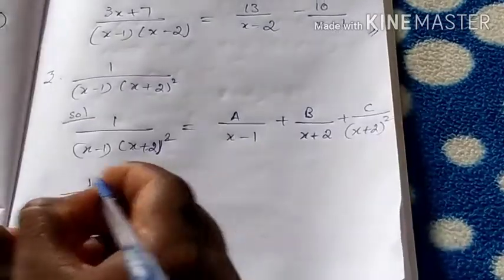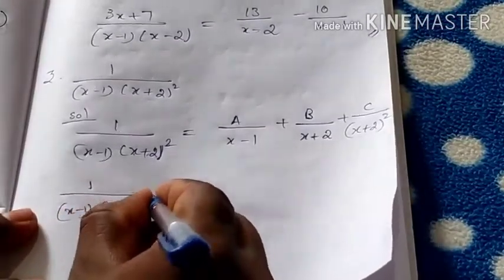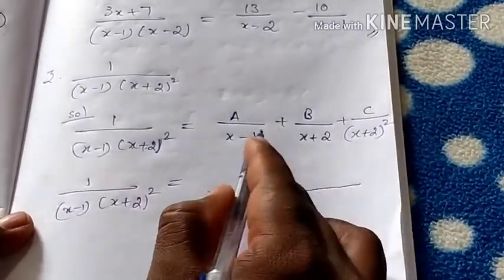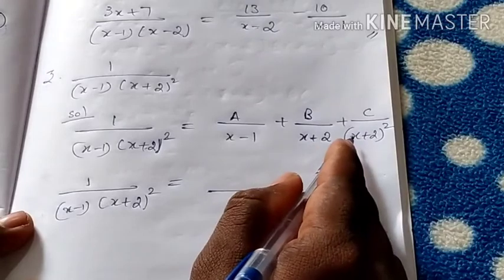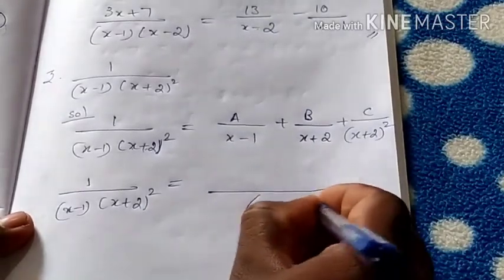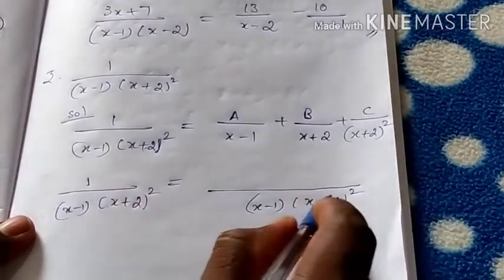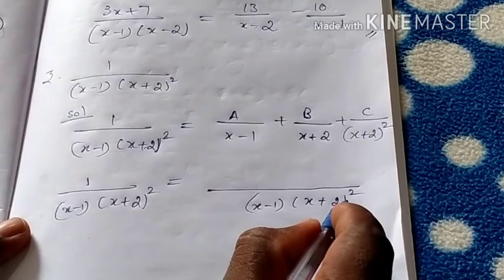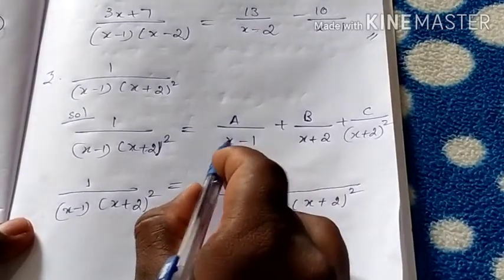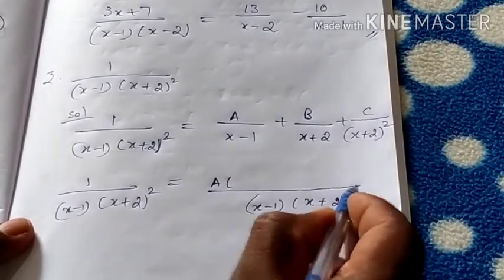Then 1 divided by (x minus 1)(x plus 2) the whole square is equal to, now find the LCM of the denominators of the RHS. The LCM is (x minus 1) into (x plus 2) the whole square, and the left hand side denominator is the LCM of the RHS. So a into, here only x minus 1 appears, so the remaining term is (x plus 2) the whole square.